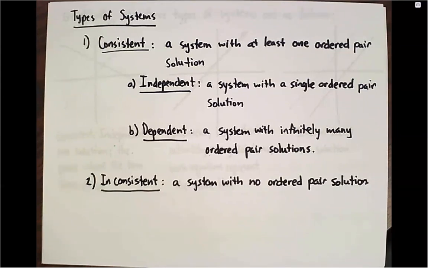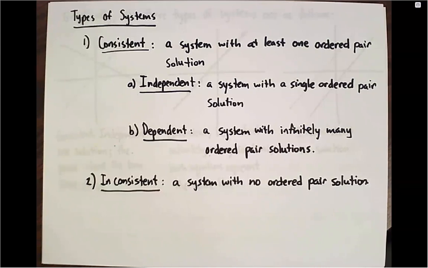So consistent and inconsistent. Most of the ones we're going to do in here are either going to have one answer or no answer. I don't think you'll see one at all that has infinitely many. The reason for that is the way you have to write the answer. You have to use set builder notation, and it's a mess.